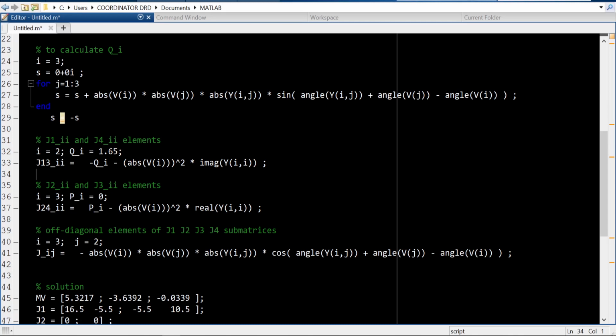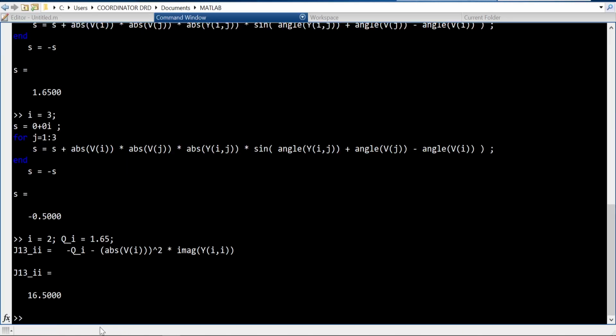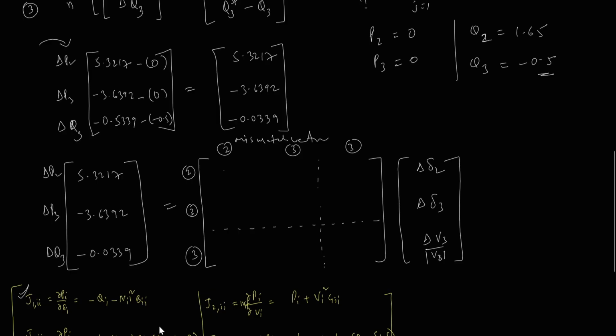So V2 square into B22, so this equation suffices. If I just calculate this one, I get the first entry, that is J1 2 2, which is 16.5. So this element is 16.5.